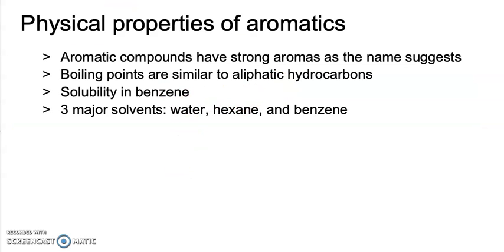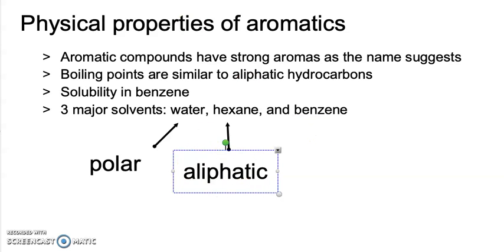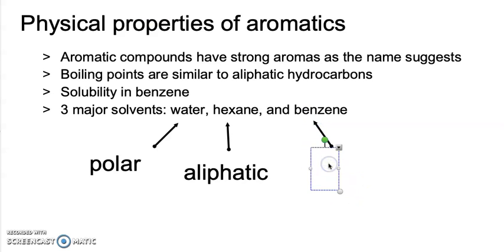So when it comes to the water, things that are going to be soluble in water are going to be molecules that are polar. We haven't dealt with any of those yet. And things that are soluble in hexane are generally going to be aliphatic, whereas things that are soluble in benzene are going to be aromatic.